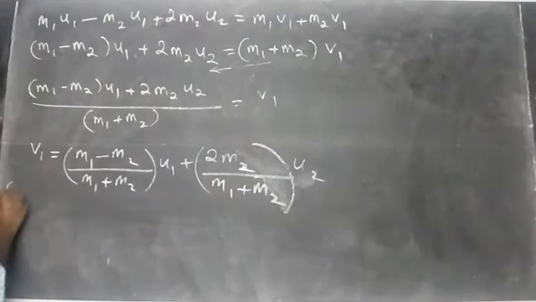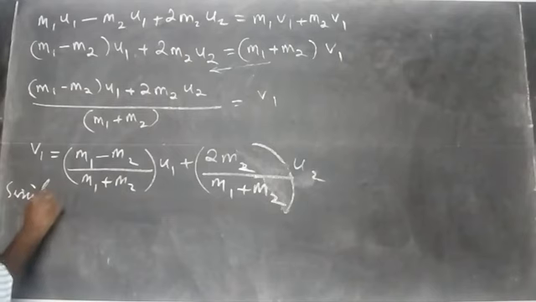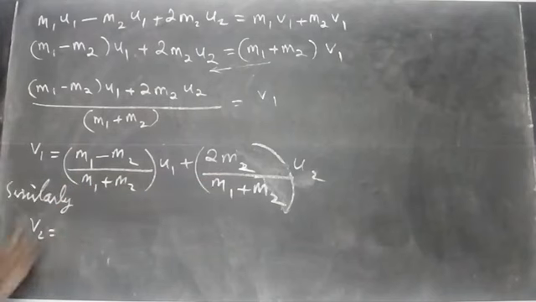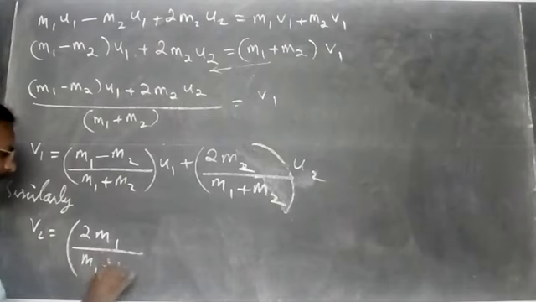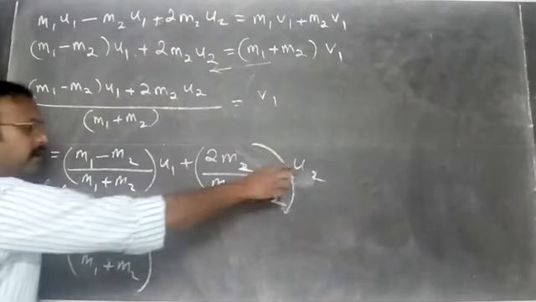Next, similarly for v2. Just change this. This term I write first, that will be 2 m1 by m1 plus m2, into u1 instead of u2.